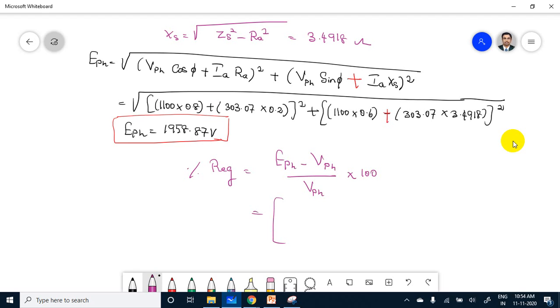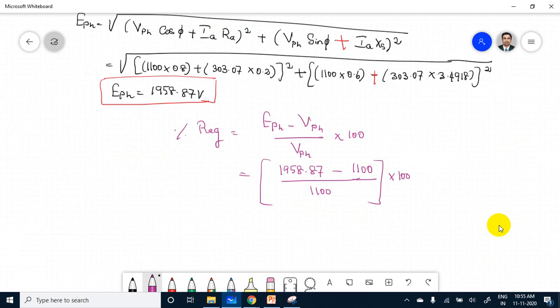Now substitute it: 1958.87 minus V phase value 1100, divided by 1100, into 100. What's the answer? 78.07. Good. Percentage regulation is equal to 78.07%. This is my final answer.